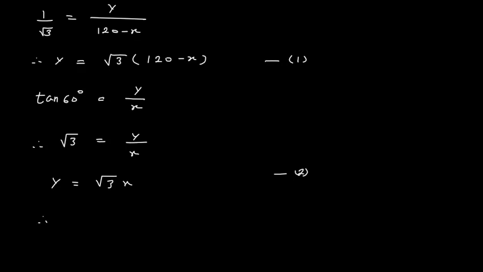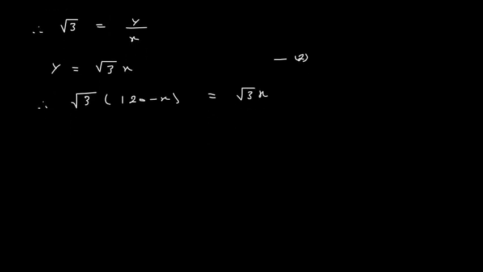So I will say that root 3 (120 minus x) will be equal to root 3x. Now let us open the bracket, or this root 3 I will bring on the right side. So it will be 120 minus x is equal to root 3x divided by root 3.